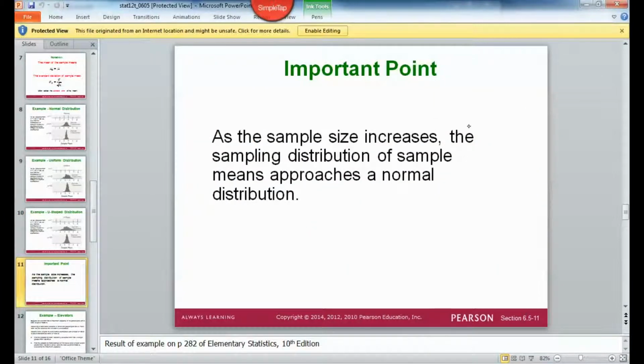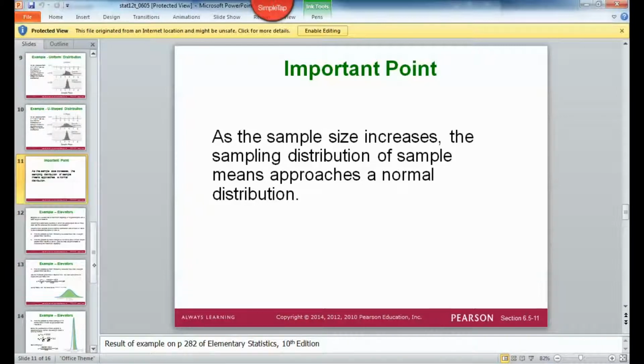As the sample size increases, the sampling distribution of sample means approaches a normal distribution. So the larger the sample size, the better the chance that the sampling distribution approaches a normal distribution. So it will be bell-shaped.